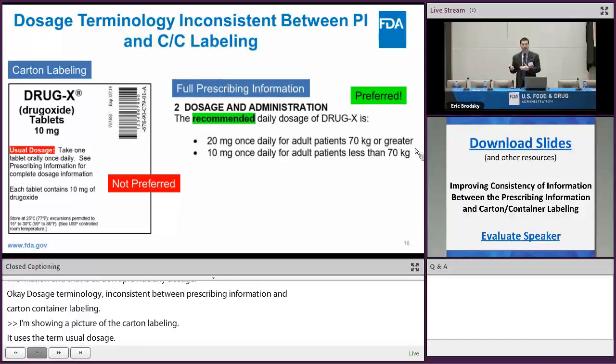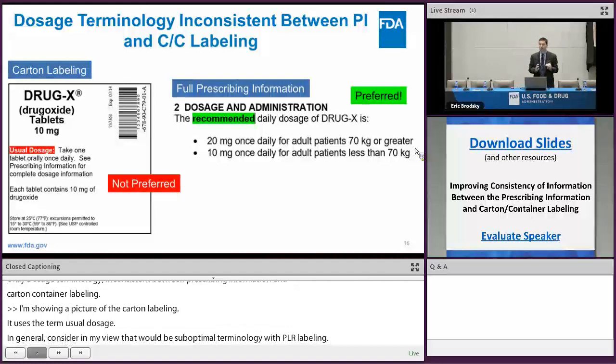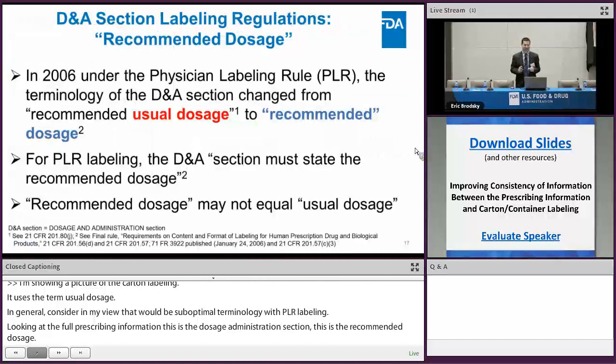Looking at the full prescribing information, again, this is the dosage administration section. This is a recommended dosage. The term recommended dosage may be different than the term usual dosage. And I'll discuss that later in the presentation. Actually, right now in the presentation.